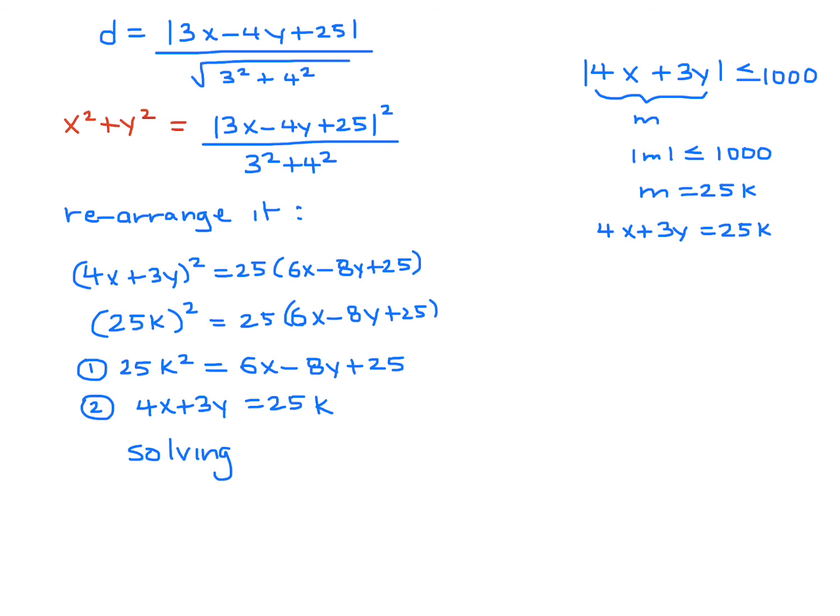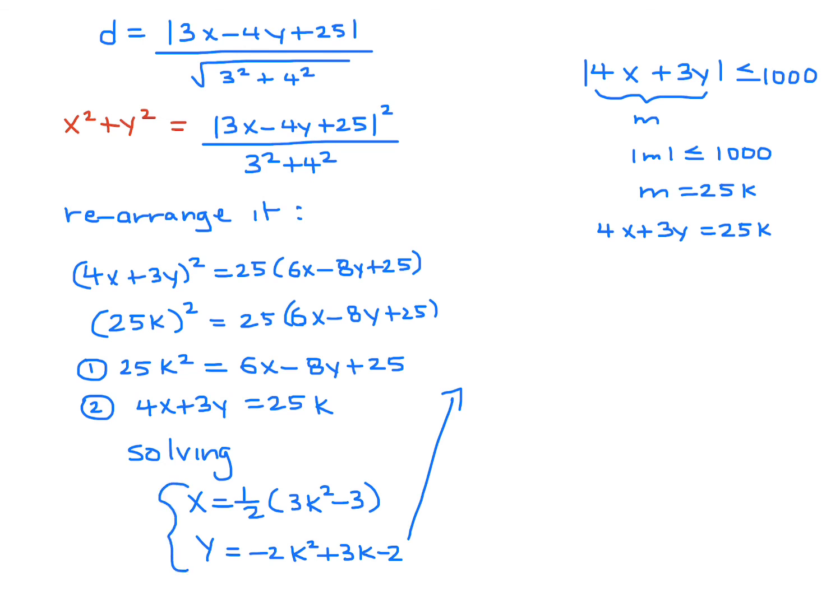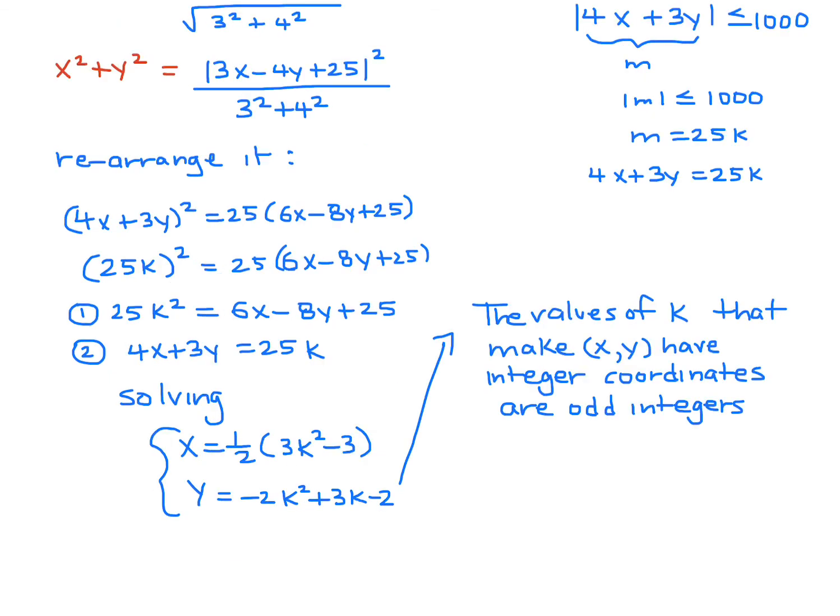So solving, we get x is equal to 1/2 times 3k squared minus 3, and y is equal to minus 2k squared plus 3k minus 2. And the values of k that make x, y have integer coordinates, if you look at these two, you will see that those are odd integers.